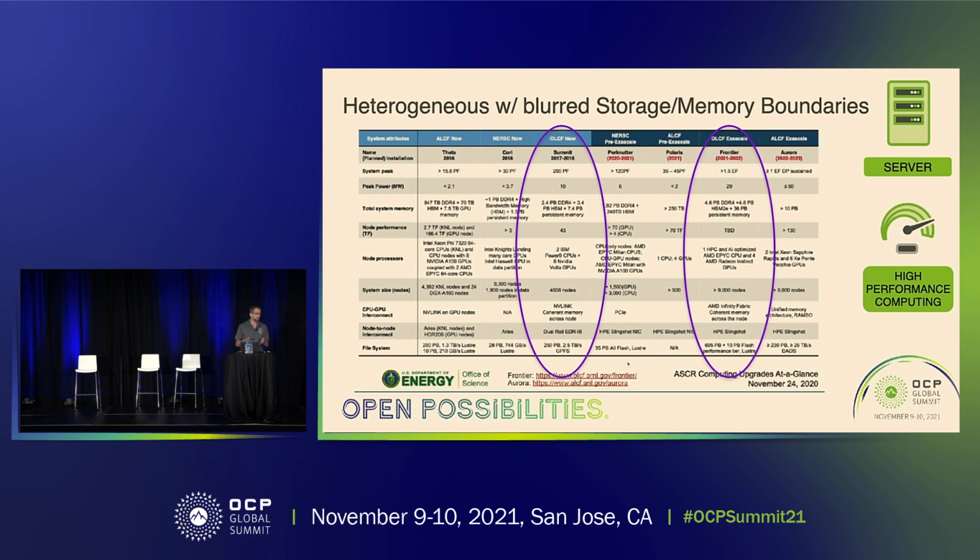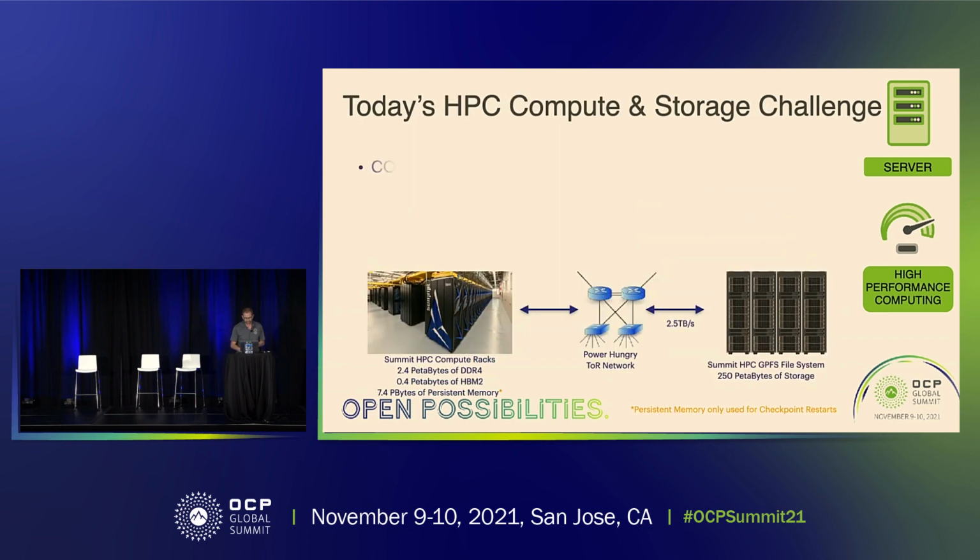The Summit machine introduced persistent memory near to the compute, as well as the file system. And the Frontier machine is accelerating the size of the persistent memory compared to the main memory footprint and even the file system footprint. So you can see that getting near persistent memory is becoming more and more important.